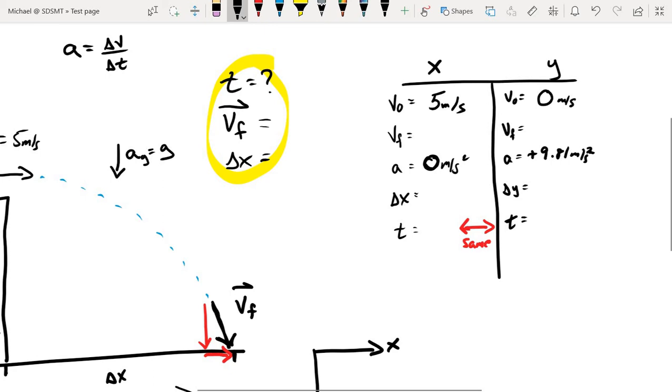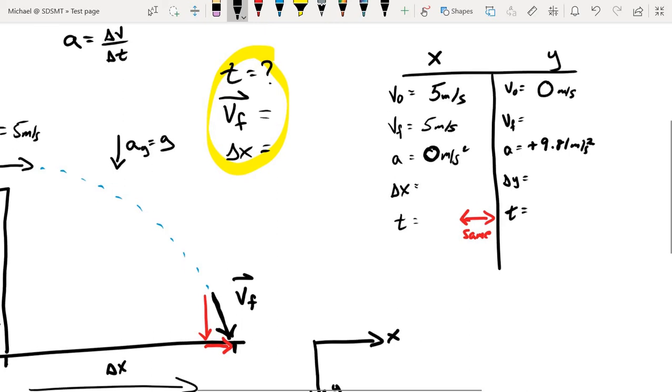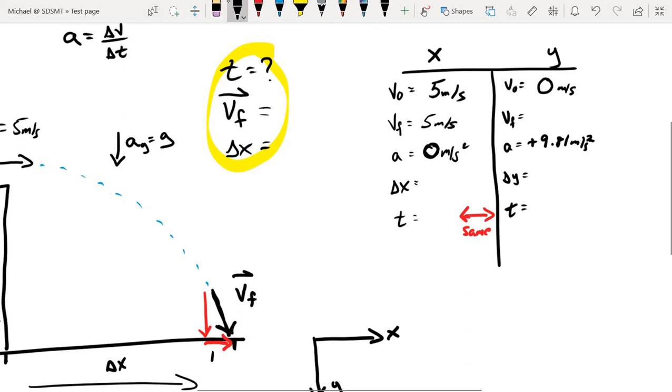And so that means the velocity along the x direction has to be constant. If the velocity is constant, then the final velocity has to be the same as the initial velocity. And that means we know what this x component of the final velocity has to equal. It's 5.